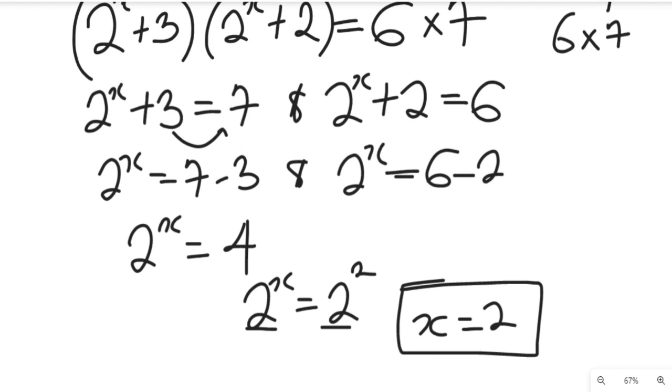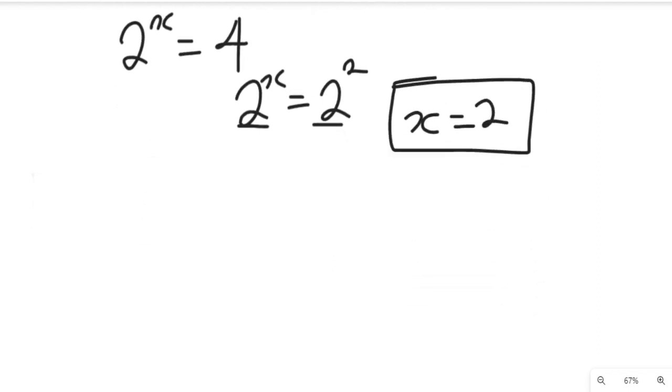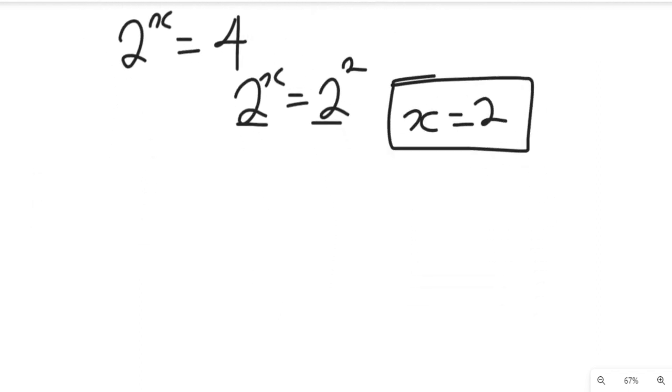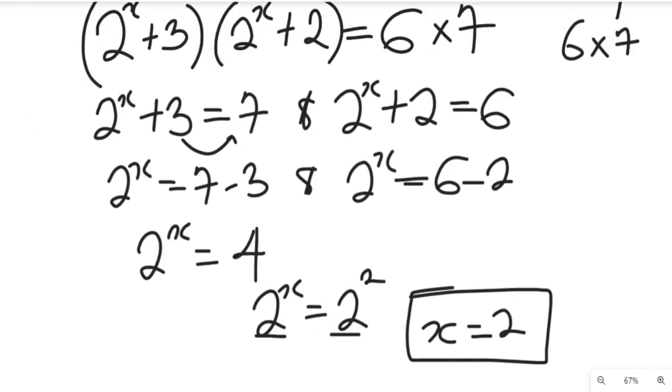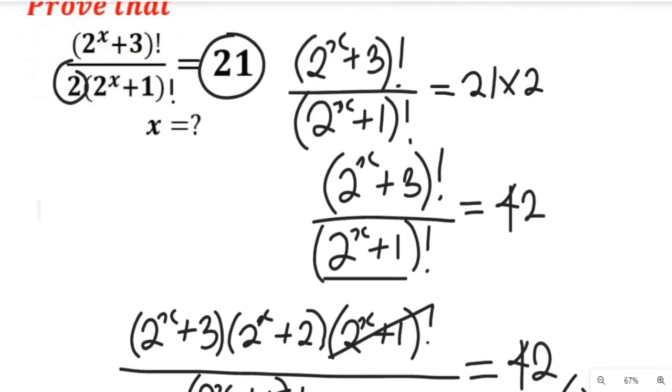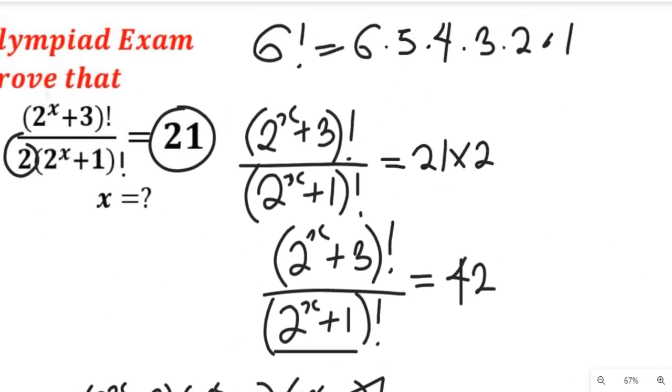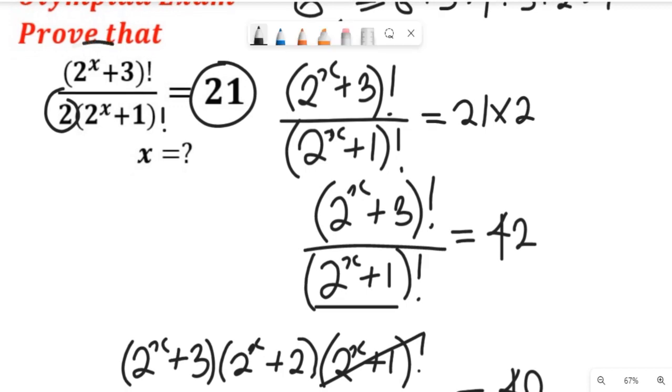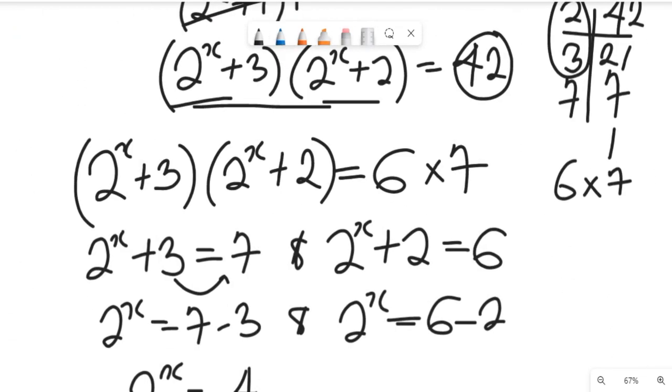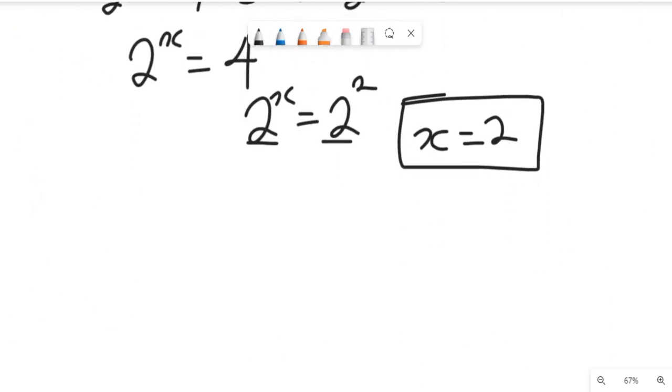Since we've gotten the value of x to be equal to 2, remember we are asked to prove that this whole thing is equal to 21. So how do we go about proving this? Now let's go down to the question.